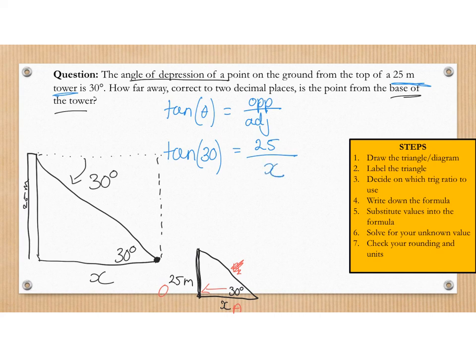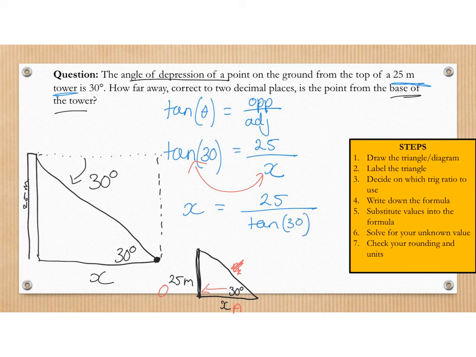And having a look at your summary chart from our video a couple of times ago, you'll notice that this is a type 2 question. So we can switch these around. And I'm left with x is equal to 25 divided by tan of 30.